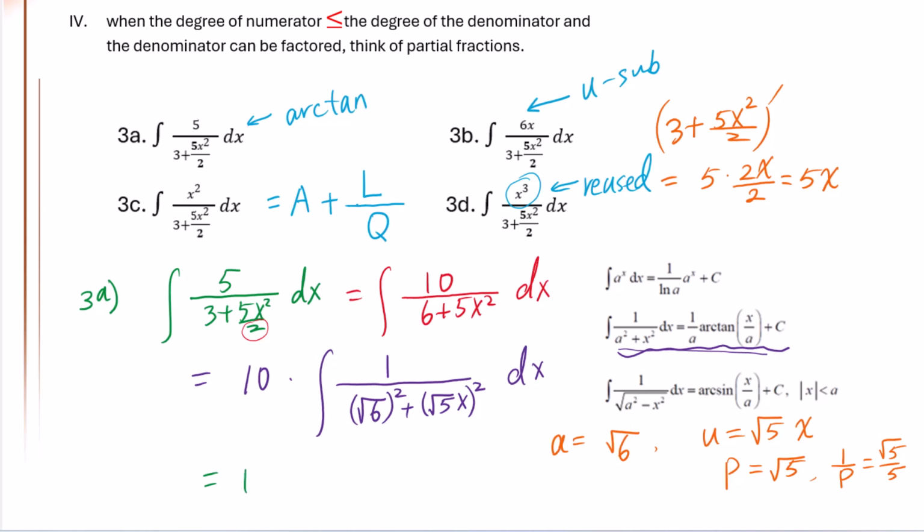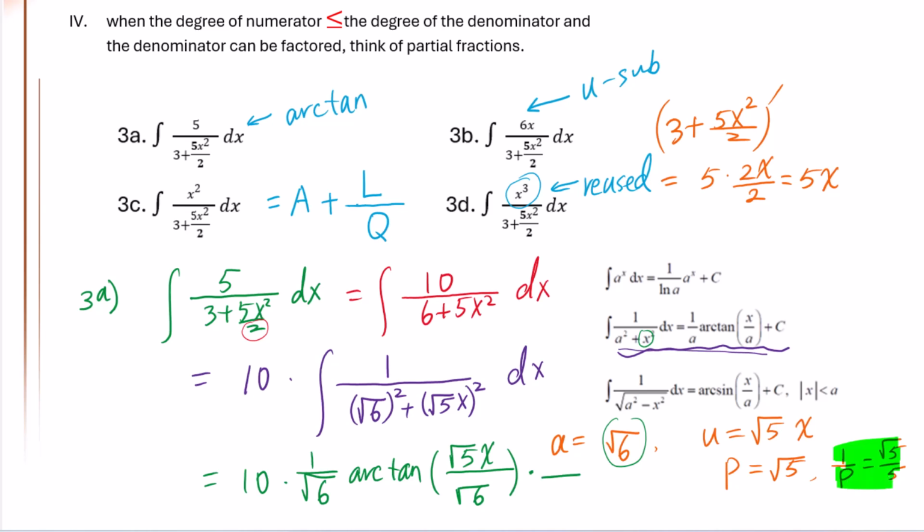So we get 10 times 1 over a, which is 1 over square root of 6, arctangent of u over a, which is square root of 5x over square root of 6. Do not forget this 1 over p, which is square root of 5 over 5, plus c.